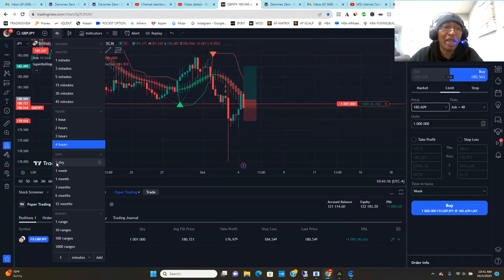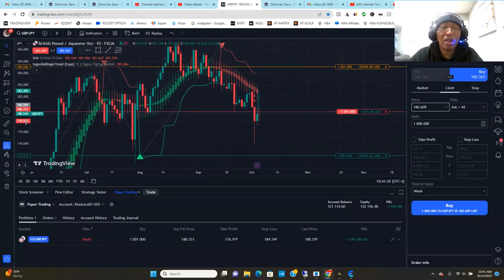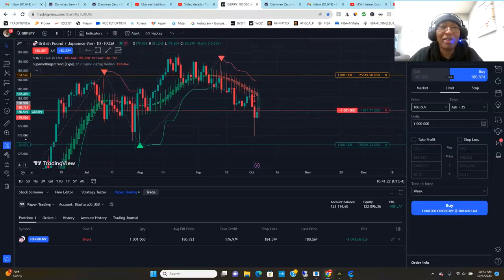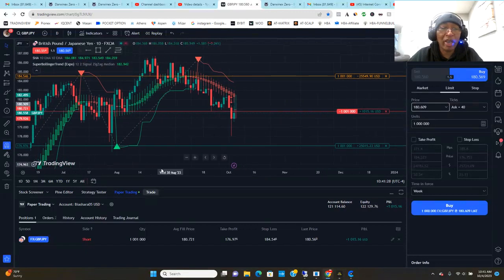If you do the 1 day, this can give you up to a week, a month, up to 20 days kind of data. You can see this is going back all the way from July to October. This is like 3 months data. You can see that 3 months data right here.